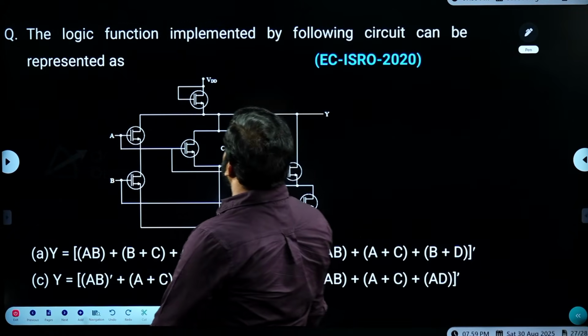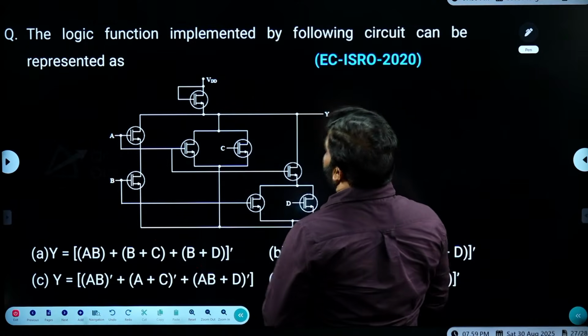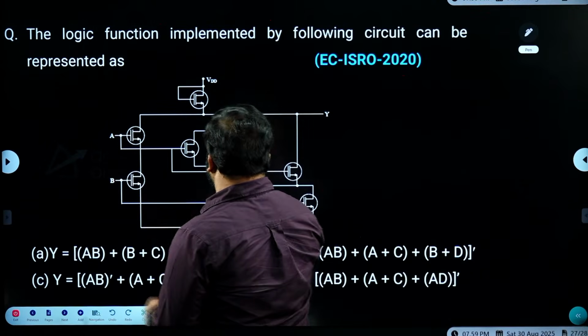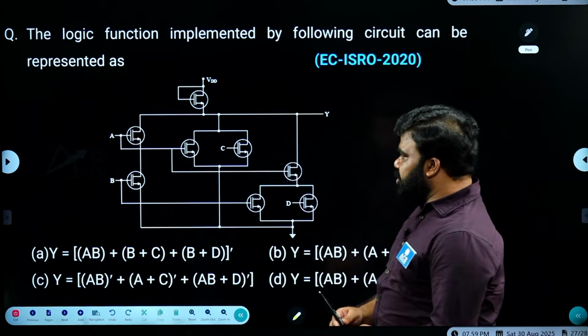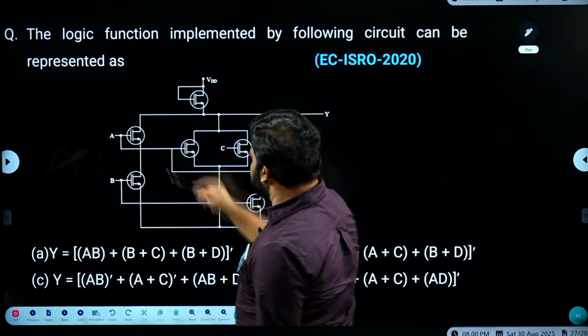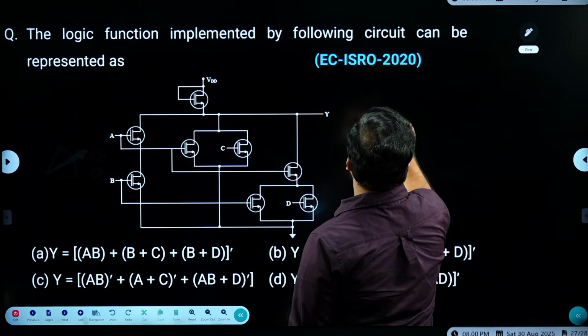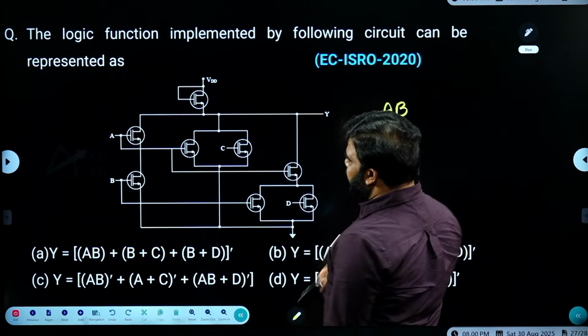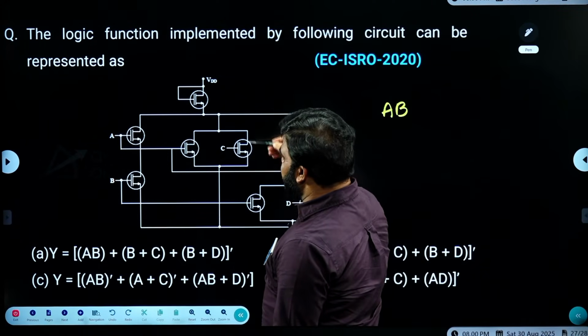The logic function implemented by the following circuit can be represented as. It is also a very simple question. If you observe, these two are in series, which is nothing but AB. And in this one, what do we have here?